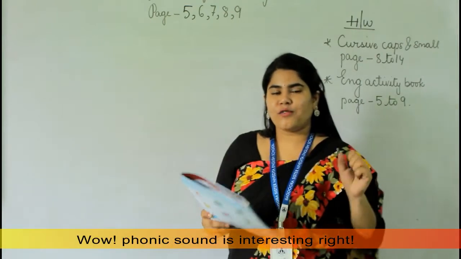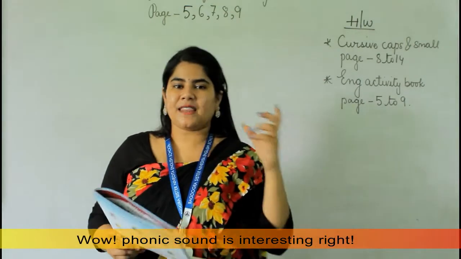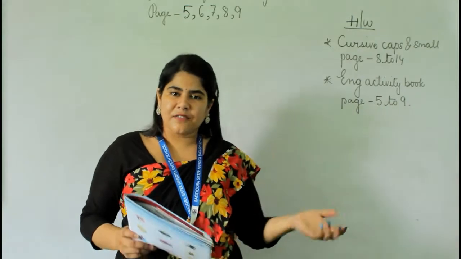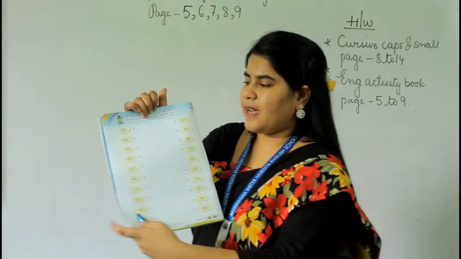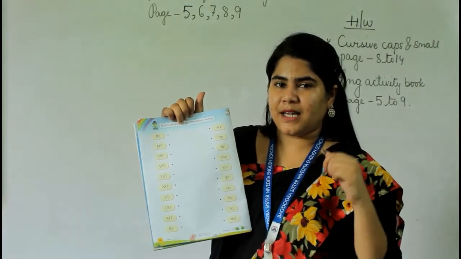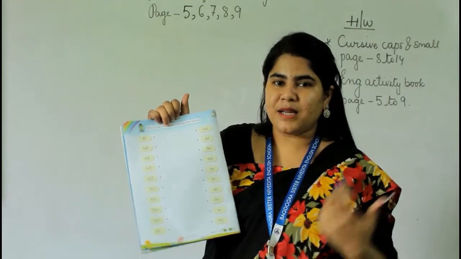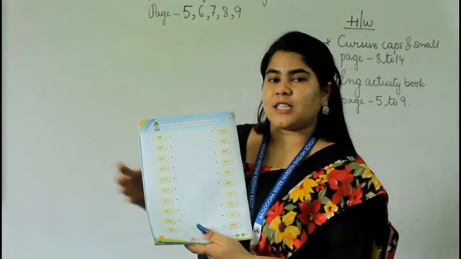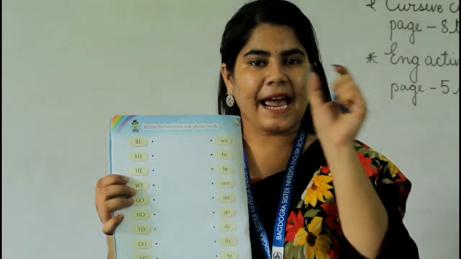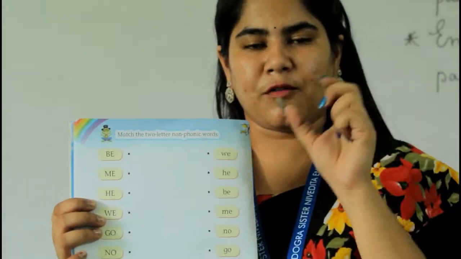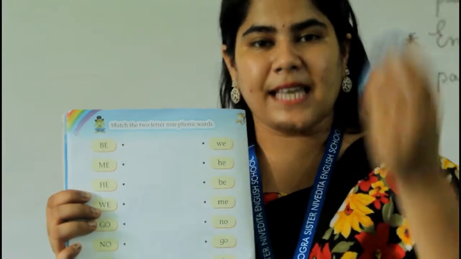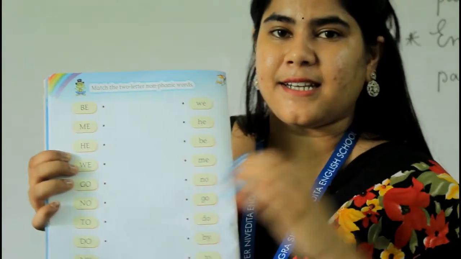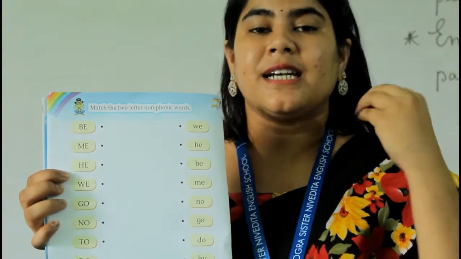But non-phonic means the spelling and the pronunciation is different. Like let's see here, okay? It is written B-E, be, M-E, me. But in phonic words, what you have learned, A-M, both these words are spelled the same, not different. But here the spelling is pronounced different.